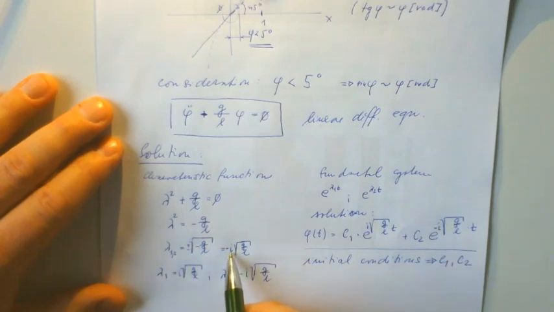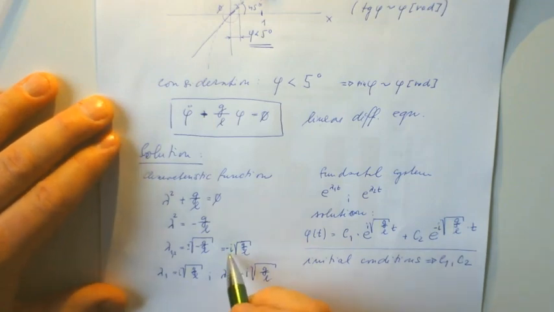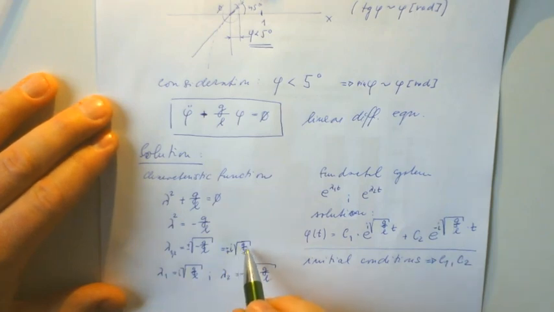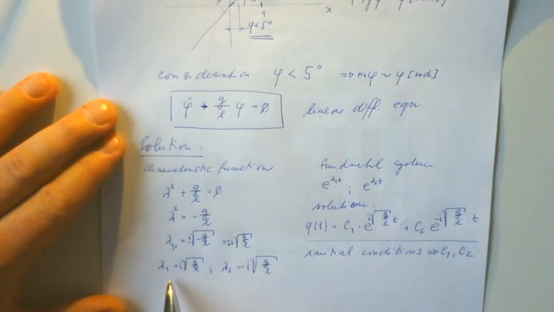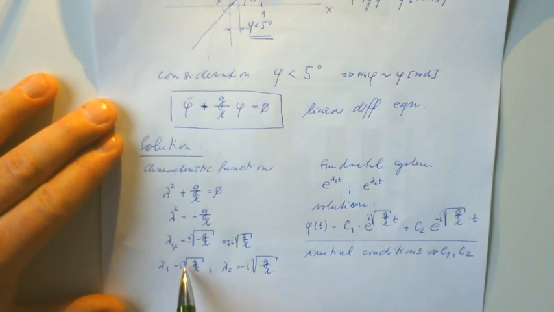So we can put out of the brackets i, the complex unit, it's plus minus i, and there is square root of g over L only. So the first root is i times this square root, and the second root is minus i times this square root.